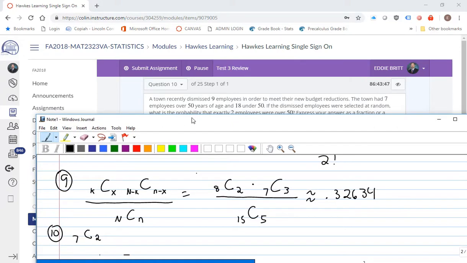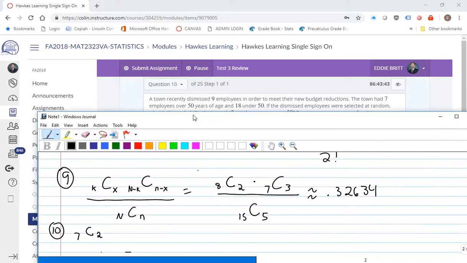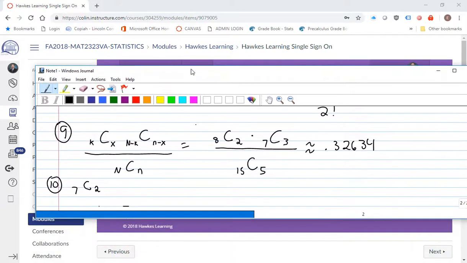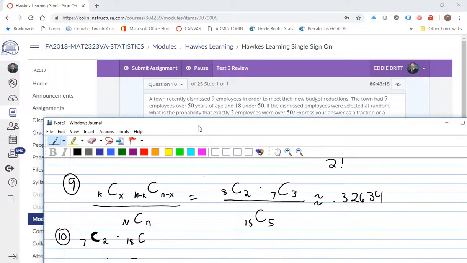then remember, how many total did we have? We had 7 plus 18, we had 25. So big N is 25. So if I say big N 25 minus 7, that's 18. Okay, so this is 18C, and then little n, what's little n?